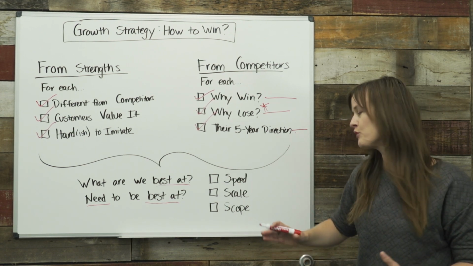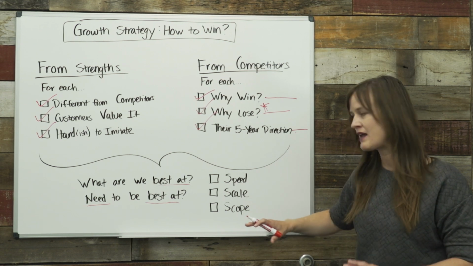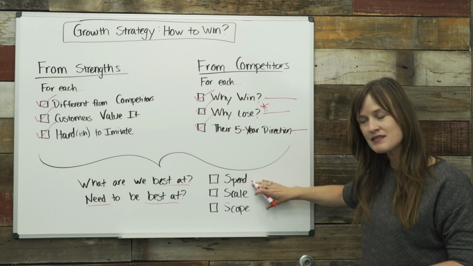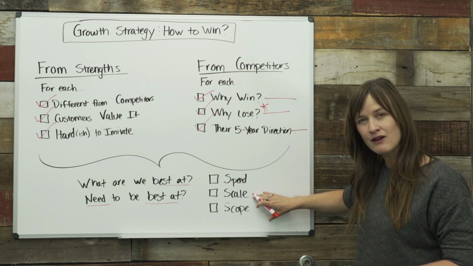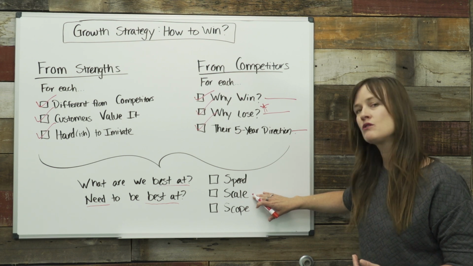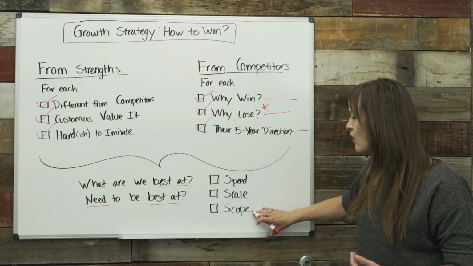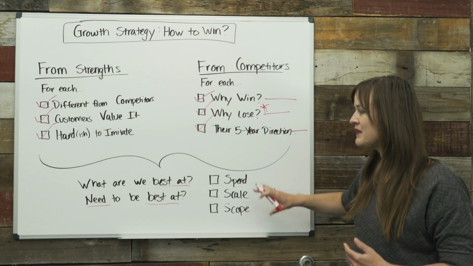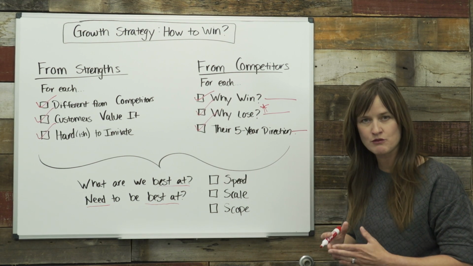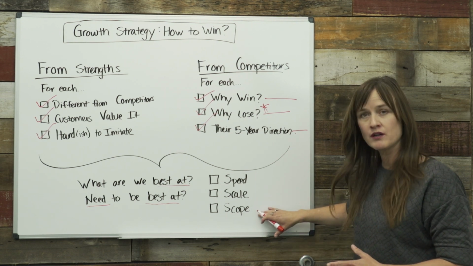This is based on Michael Porter's 3 generic strategies. One is on speed, so getting to market fastest. One is on scale, which is being the total lowest cost, not the cheapest, just the total lowest cost. And one is on scope, meaning being the best at delivering that unique value proposition to that customer in a very niche manner.